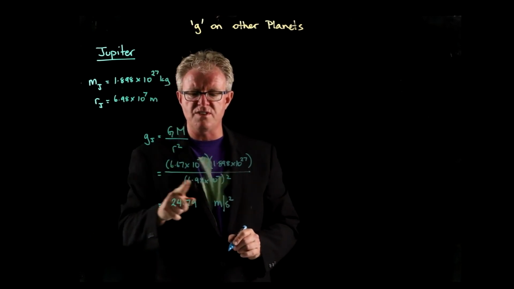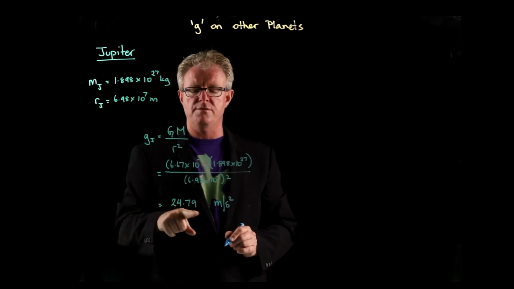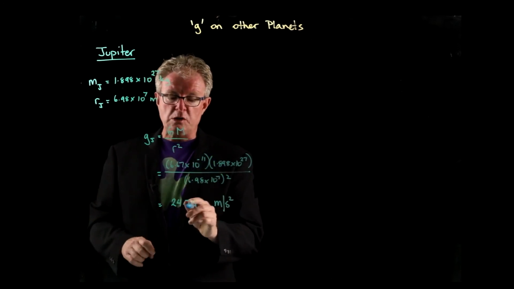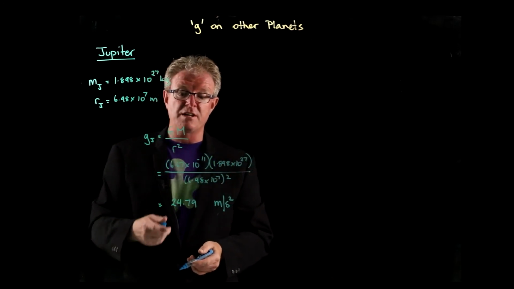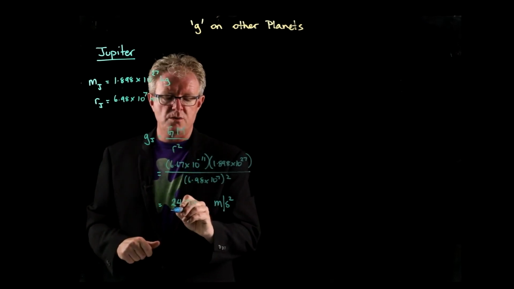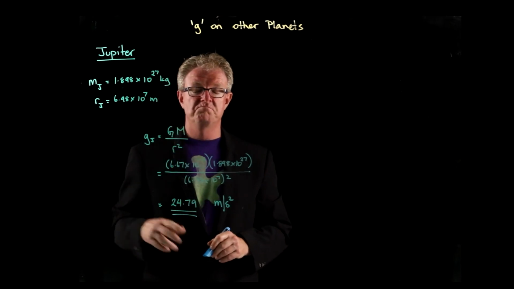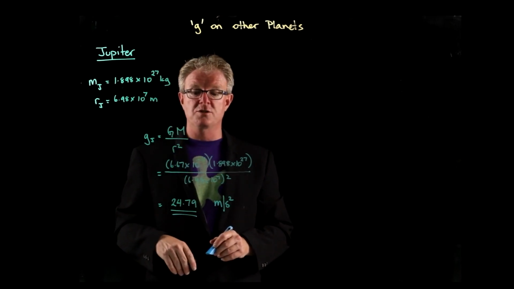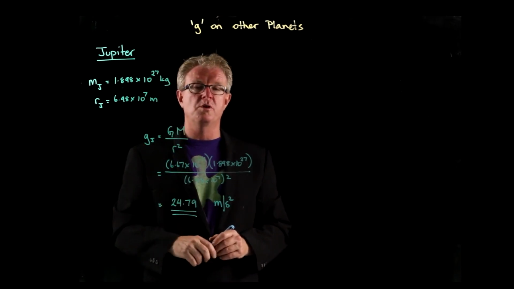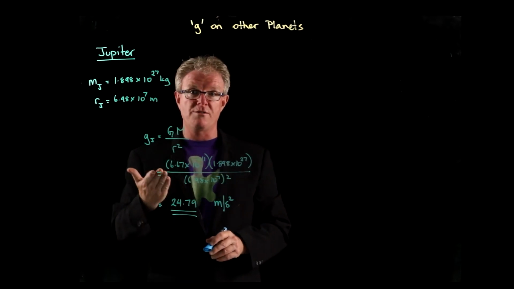But when you actually put these values in, I think you get closer to 25. But anyway, if I was to round it off to 2 significant figures, it would be 25 anyway. So, quite a significant acceleration due to gravity on Jupiter, 24.79 meters per second squared, or 25.